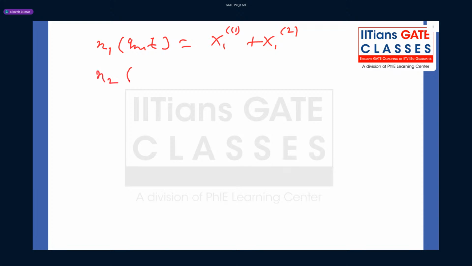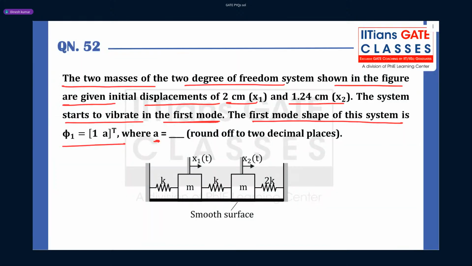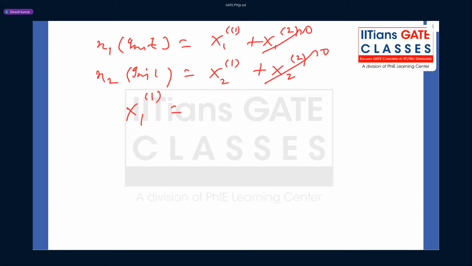And the initial displacement x2 is x2 for first mode plus x2 for second mode. Now they have given that the system vibrates in first mode alone, so this is 0 and this is 0. So from here we found x1 for first mode is given as 2 centimeter.